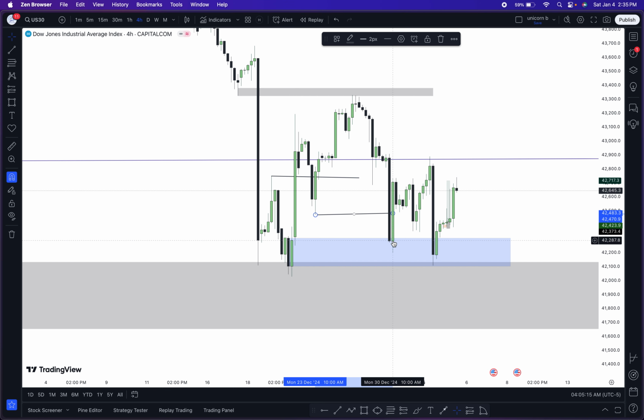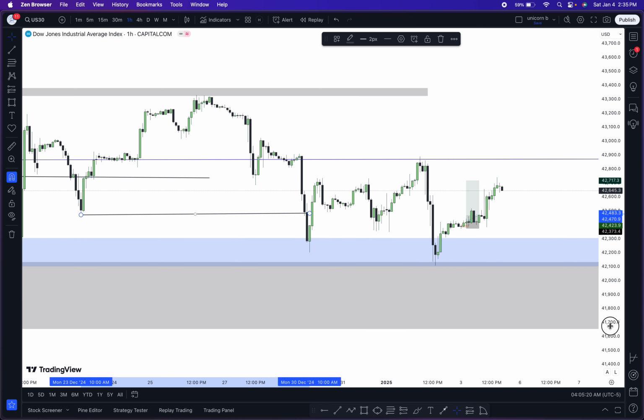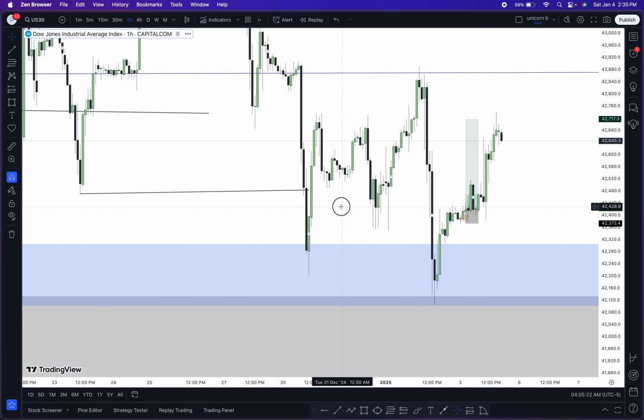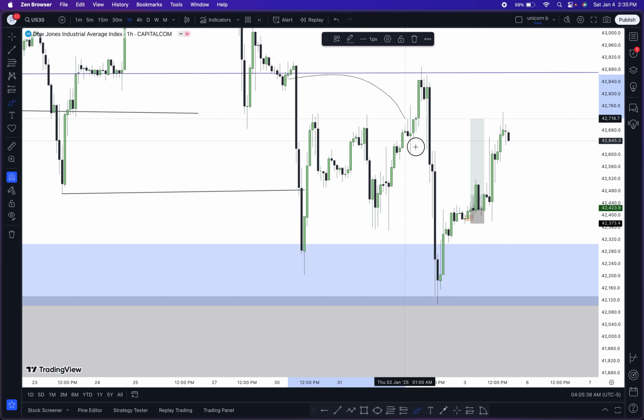Price tapped this point of interest and we shifted to the 1 hour. We need a market structure shift here. Here the 4 hour fractal low was tapped, and after taking this liquidity, there is an expansion in price delivery. Same as on the higher time frame, price returns into the IRL to take an external liquidity.